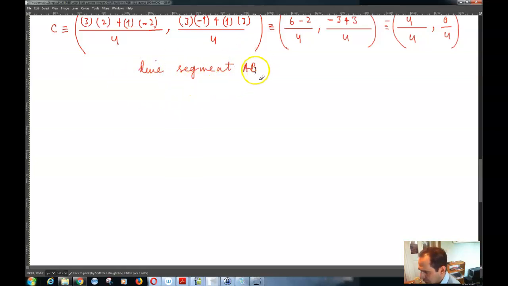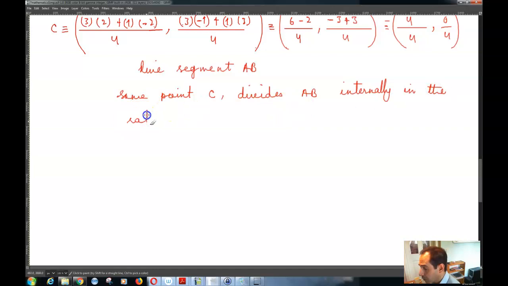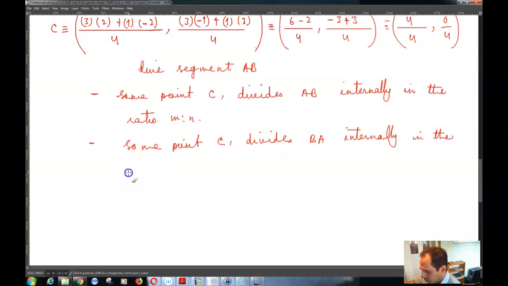It is different when you say, for example, some point C divides AB internally in the ratio m by n, compared to when you say, for example, some point C divides BA internally in the ratio, for example, m to n, the same ratio.